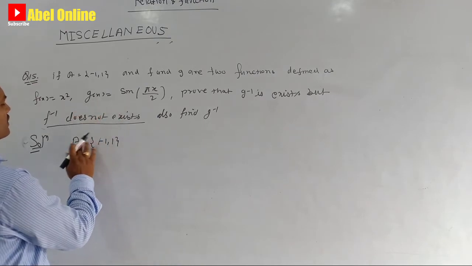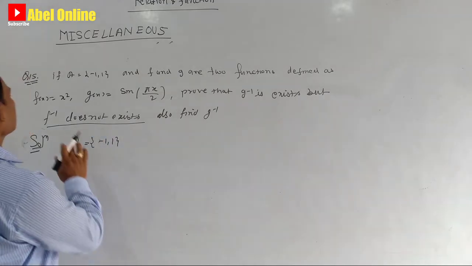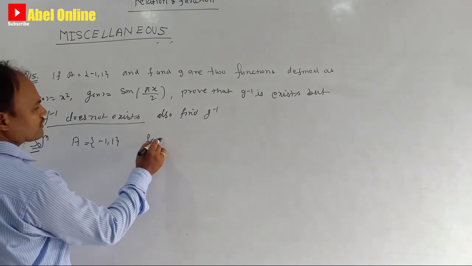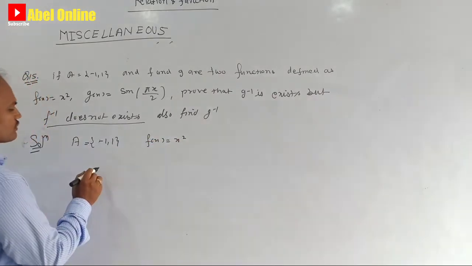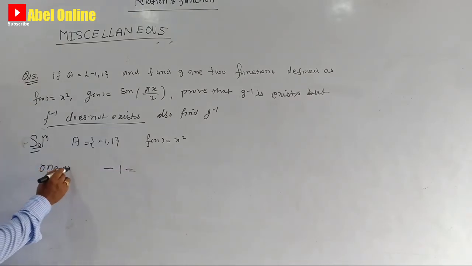A equals [-1, 1], the codomain is also [-1, 1], and f(x) = x². So we are going to check whether it is one-one or not.